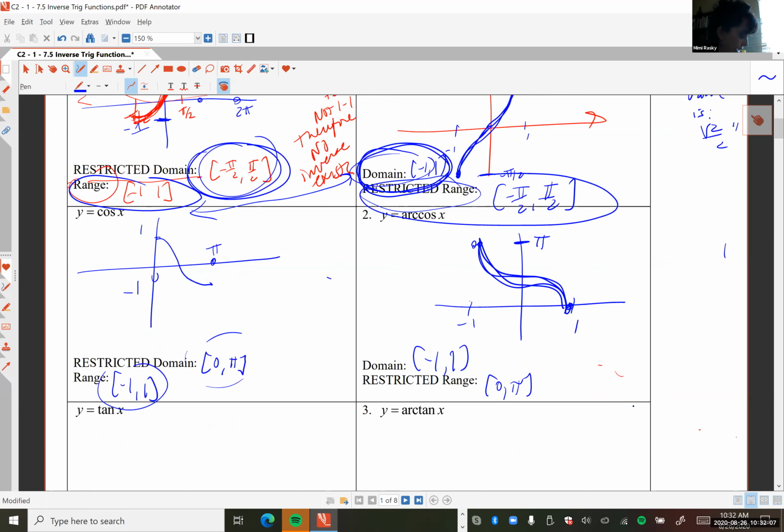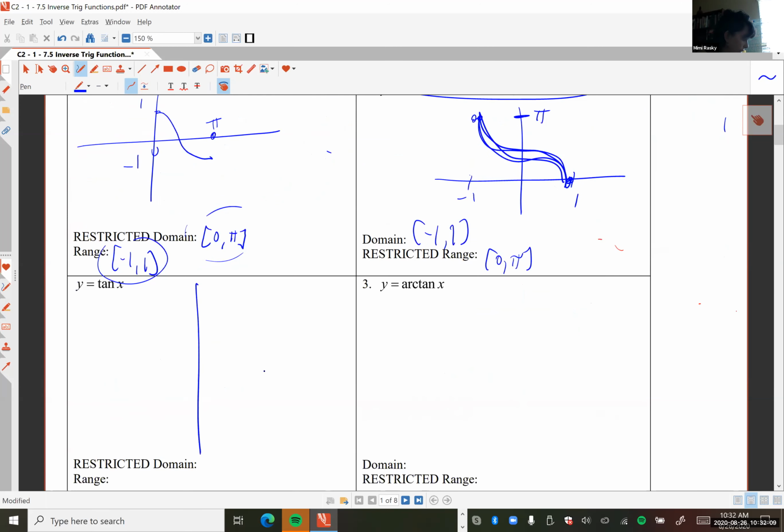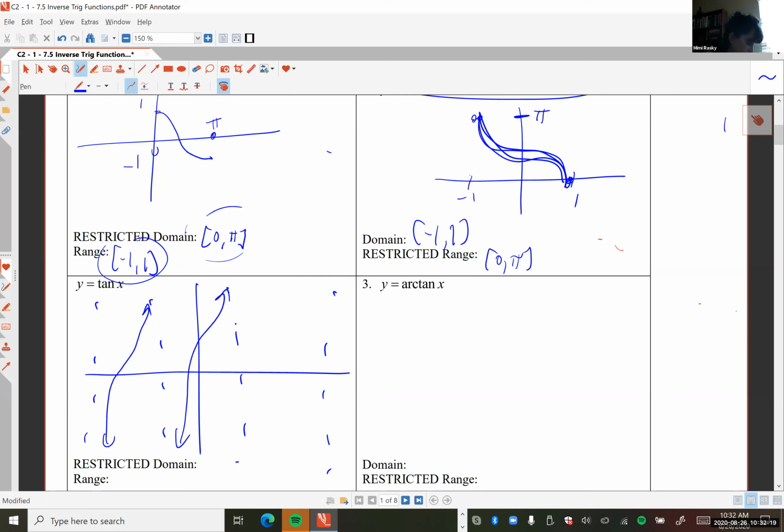Now to tangent. If you look at the regular function, it has a lot of vertical asymptotes at all the odd multiples of pi halves, and it looks like a bunch of these puppies. Obviously it does not pass the horizontal line test. It's not one-to-one and doesn't have an inverse.